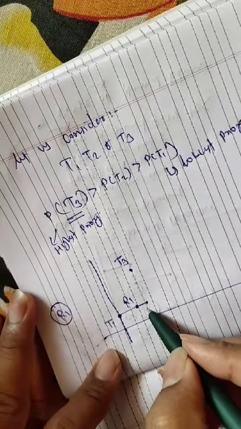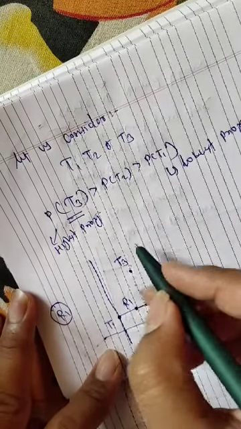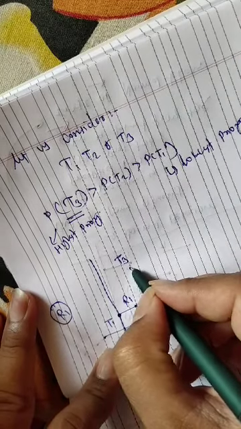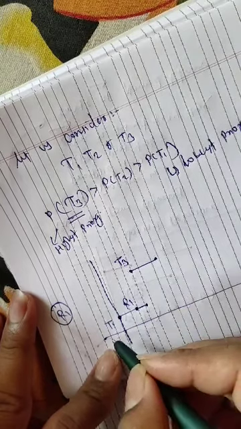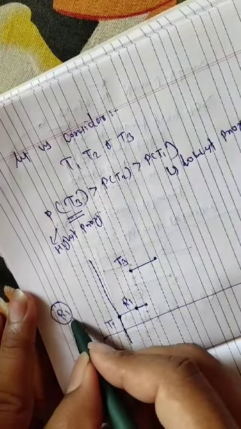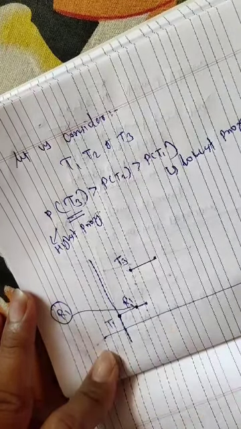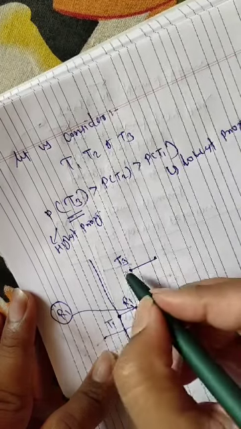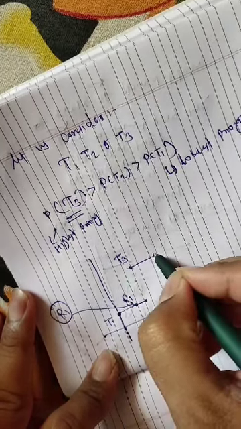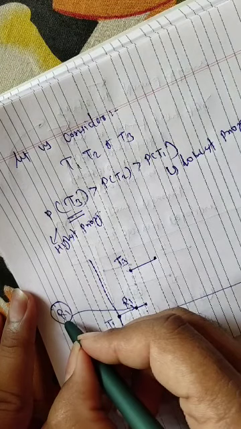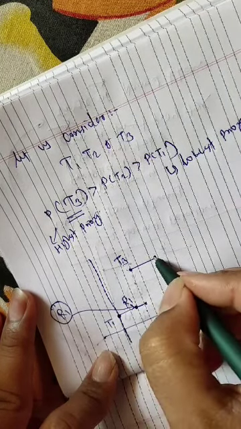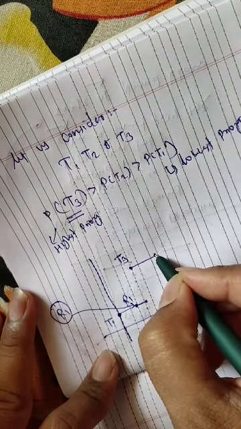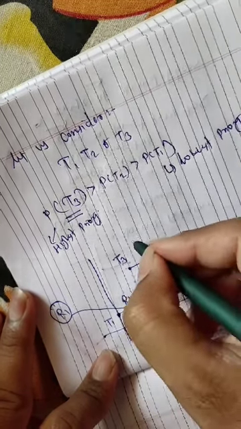Therefore the processor is given to T3 and T3 starts its execution, and T3 also requires the resource R1, but R1 is already acquired by T1. Therefore the resource R1 is not available to T3, as it is busy with T1. Therefore T3 goes into the waiting state.